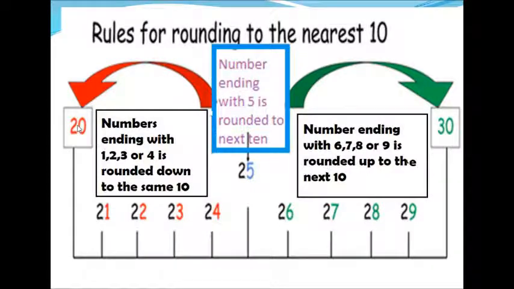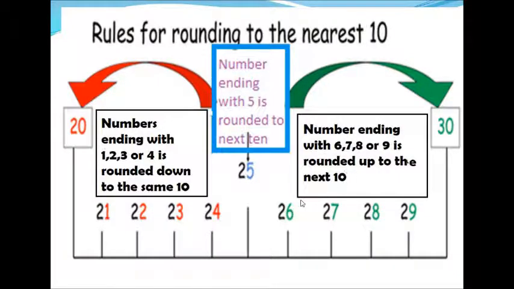That is, the number line 20 to 30 is given. So the numbers which end with 1, 2, 3 or 4 are rounded down to the same 10. You can see it over here. The numbers which are ending with 4, 3, 2 and 1 are rounded to the same tens, which means 24 is rounded to 20, 23 is rounded to 20, 22 is also rounded to 20 and 21 is also rounded to 20.